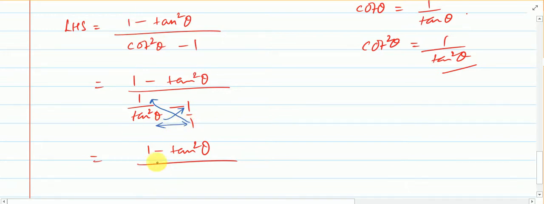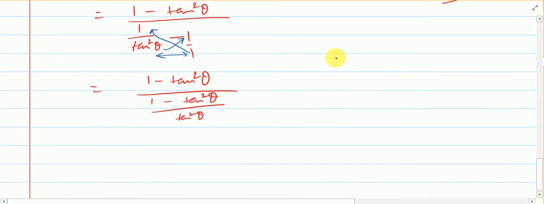So we get (1 minus tan square theta) upon tan square theta. You know that if you have something like 7 by 2 divided by 2 by 9, then this is written as 7 into 9 upon 2. Yes, so same thing over here.